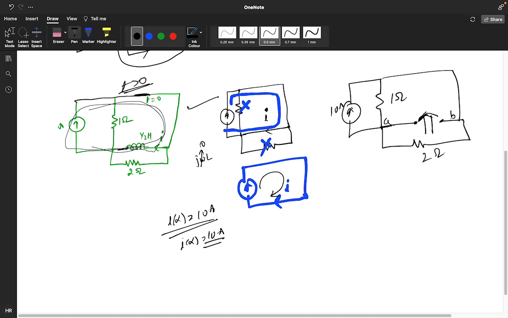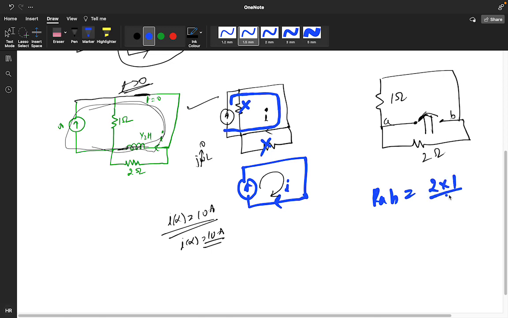This is an independent current source. So for finding the R equivalent, what do we do? Open circuit the current source. Now if you see your RAB, RAB is 2 into 1 divided by 3, 2 by 3.